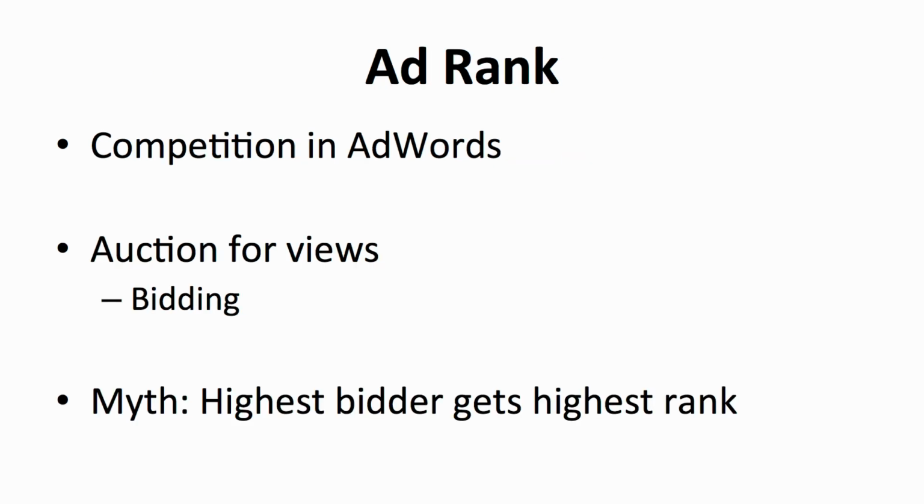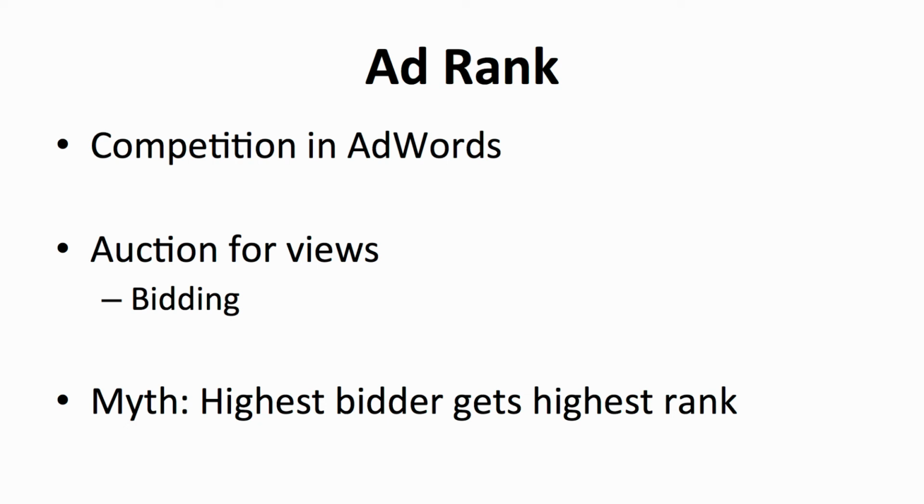The ultimate goal of doing all the bidding with the keyword is to move your video to the top of the ad rank. The higher your rank is, the better exposure of your site is. Ad rank is decided by Google in determination of the placement of video. You might be wondering how this actually works. Well, it's like this. Obviously, one of the factors that affects your ad rank is the auction for views, which is how much you bid on.